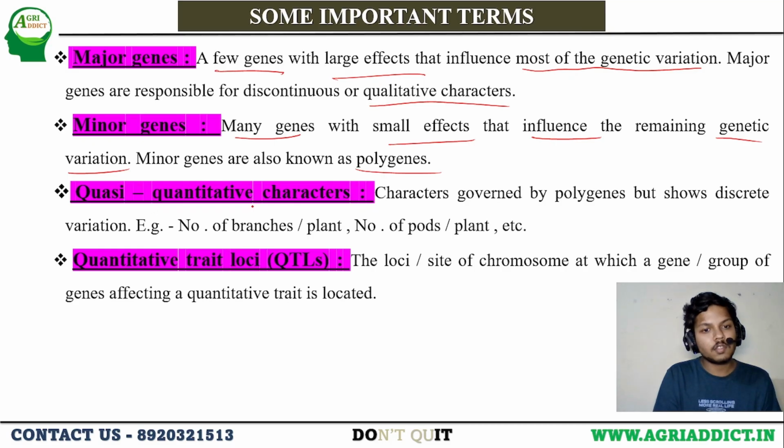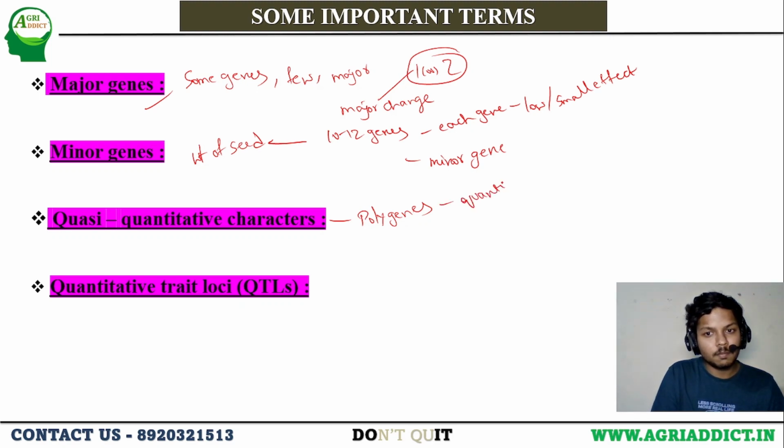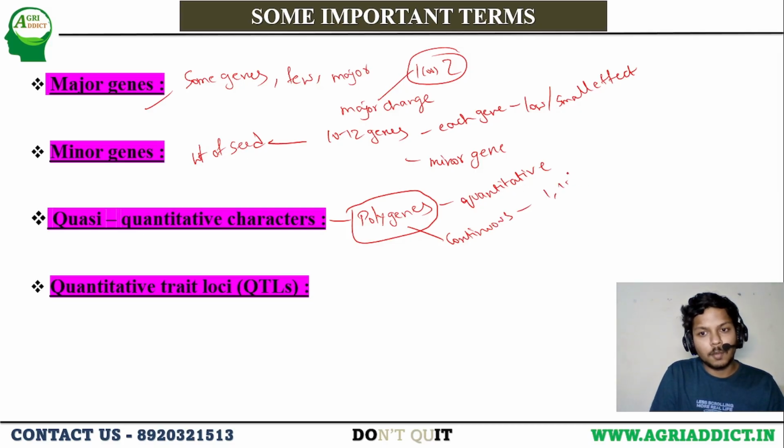And the next one is quasi-quantitative characters. Means the characters will be governed by the polygenes, but we cannot express them in a discrete way. Continuous variation. What we learned in the previous slide, if a character is controlled by polygenes, it will come under quantitative. But even though these characters are controlled by polygenes, we cannot say they are quantitative because they cannot be expressed in continuous form, like 1, 1.1, 1.2.